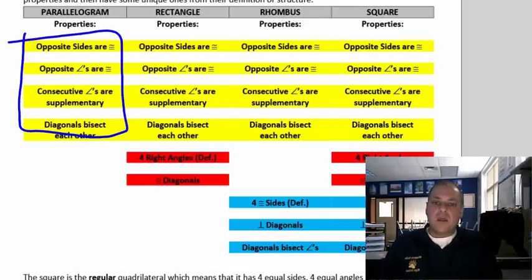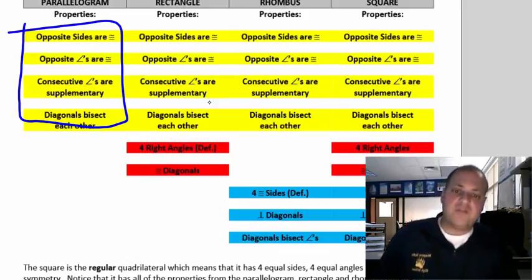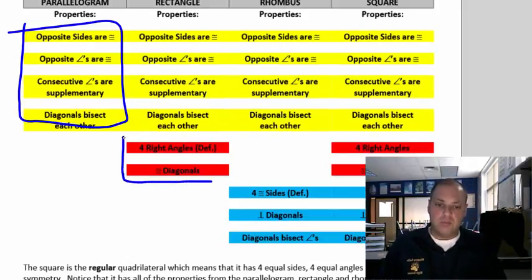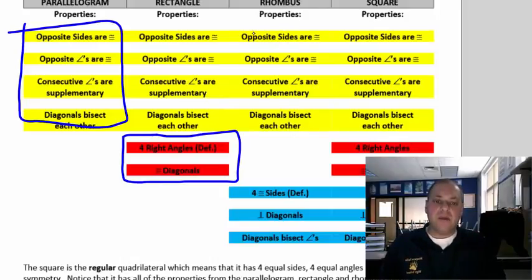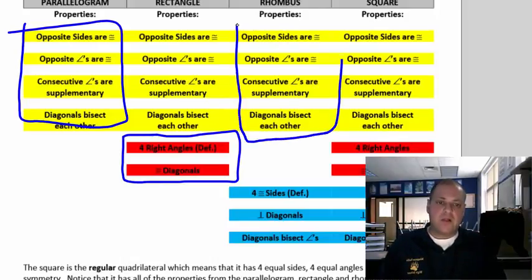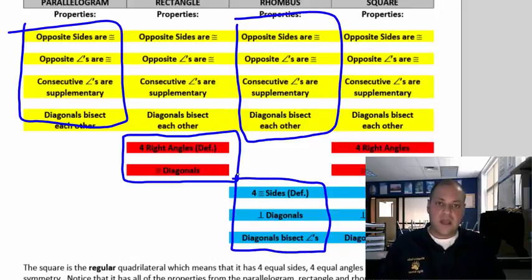Now, a rectangle has all the properties of a parallelogram plus, boom, plus this. Okay? A rhombus has all the properties of a parallelogram plus this. But a rectangle does not have these properties.